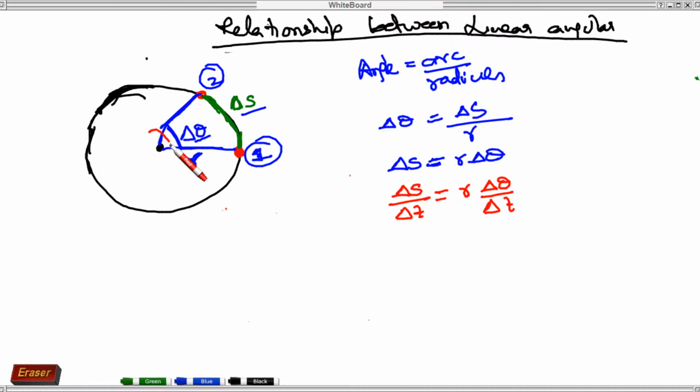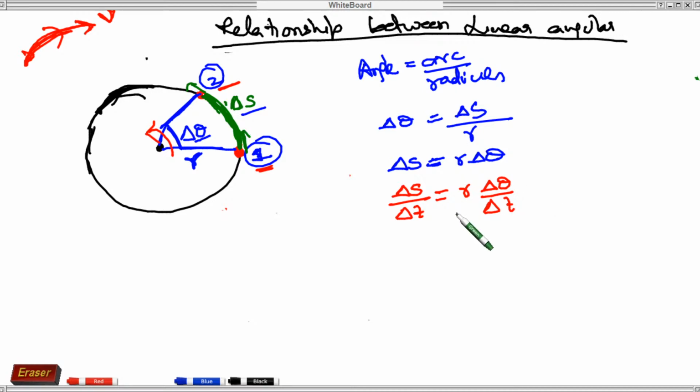Here angular velocity is around this axis, but like when you are traveling from here to here with some constant velocity v, the same thing is happening here. This particle is traveling from point 1 to point 2 along this path with some velocity.